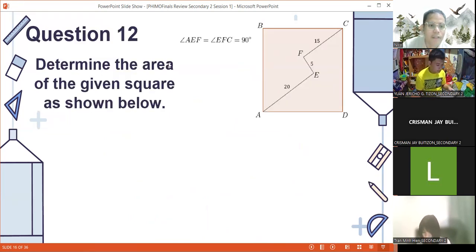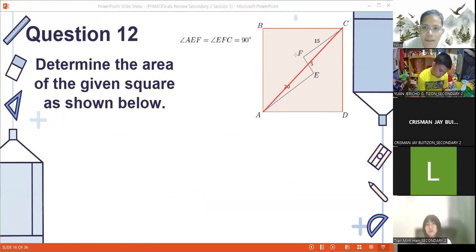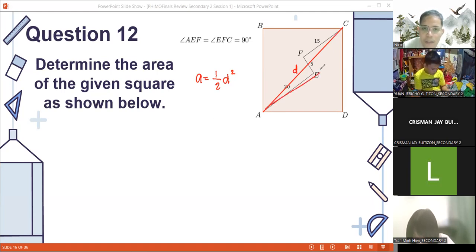Determine the area of the given square as shown below. If you notice here, the problem that we have is that it already has the diagonal inside, right? So the area of this one should be 1/2 of the diagonal squared, where this one is the d. Now the problem, how do we get the diagonal? If you notice, this is 20, this is 15, then this is 5, right?